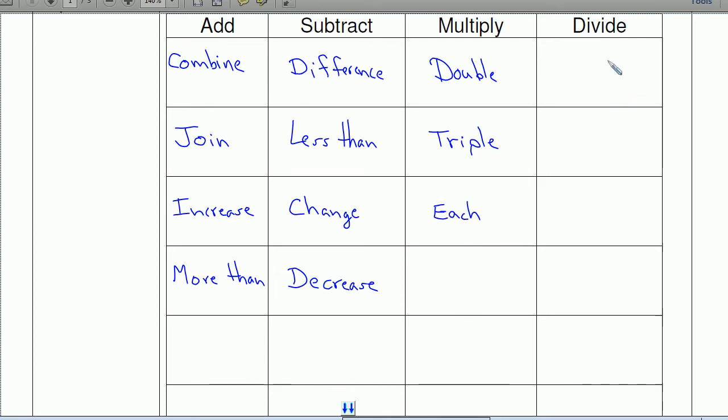So I don't want to make this video too long, so let's go ahead and go to the division. Division, equal sections. If you want to divide something into equal sections, how about the word cut? Like if you're cutting a ribbon into equal sections, cut means divide, right? Split would be another one. Split, divide, cut, equal sections.